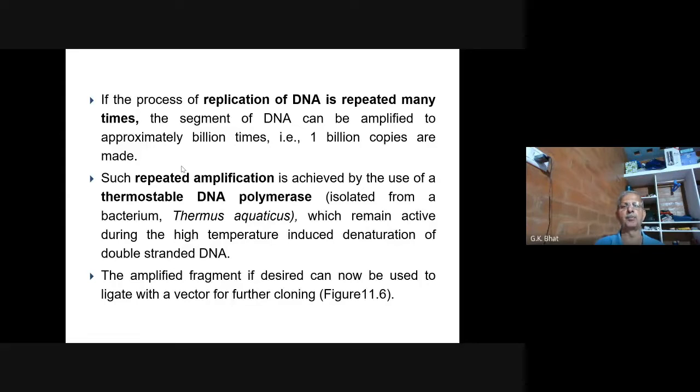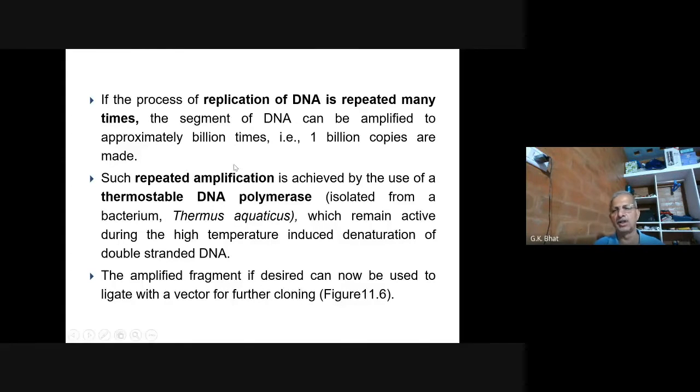Such repeated amplification is achieved by the use of a thermostable DNA polymerase isolated from a bacterium, Thermus aquaticus. Making one copy into a billion copies is achieved by the use of thermostable DNA polymerase, which remains active during the high temperature induced denaturation of double-stranded DNA.